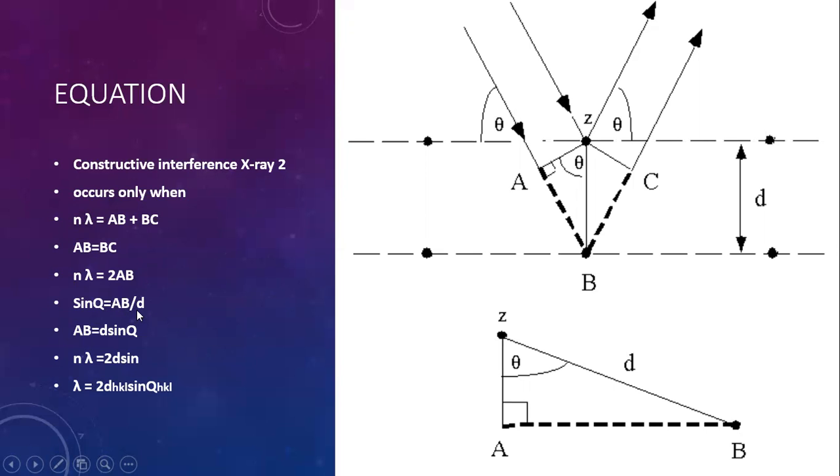By multiplying d with sine theta, we find that AB is equal to d sine theta. So we convert AB plus BC to 2d sine theta. After converting it, we find that n times lambda is equal to 2d sine theta, which is Bragg's equation. This is how Bragg's equation has been derived.